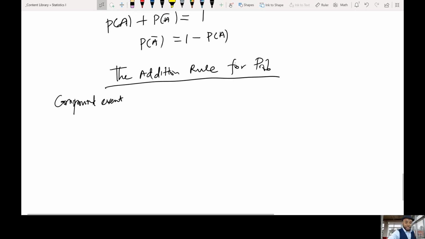So let's look at an example. Let's say the probability of rolling a 1 or a 5.